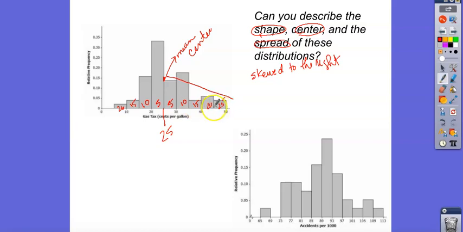So I'm going to say an approximation is the majority of the distance from here is about 10. So my approximate spread or standard deviation, the typical distance for the majority of the data, I'd say, is about 10. So I'm going to say it's approximately 10.